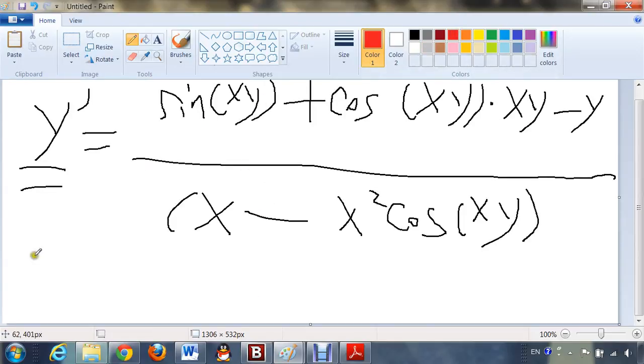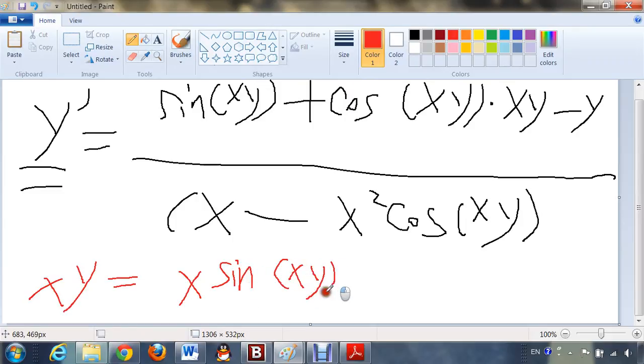The original question was xy equals x sine xy, and after solving the implicit differentiation, y prime becomes this.